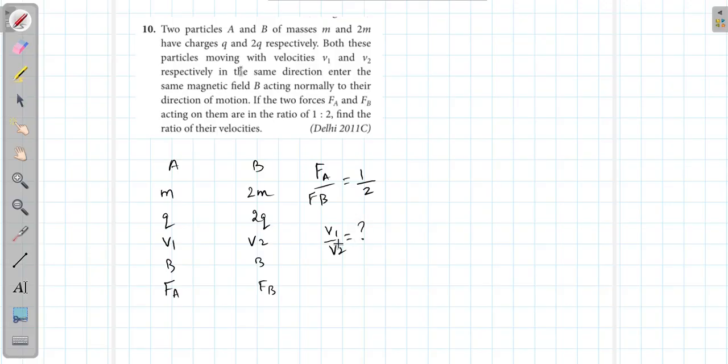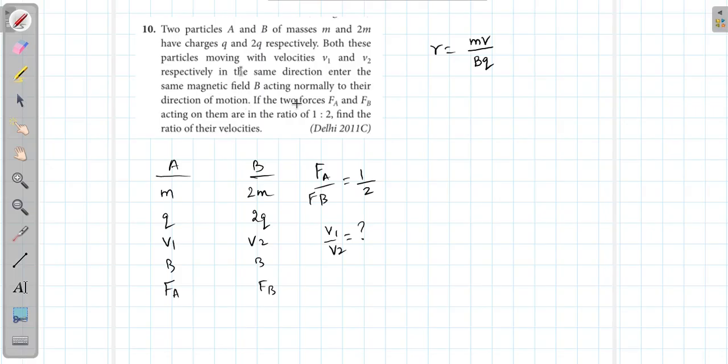You understand the question? Use this data, and we know R equals mv divided by bq. But in this question, the radius is not given.